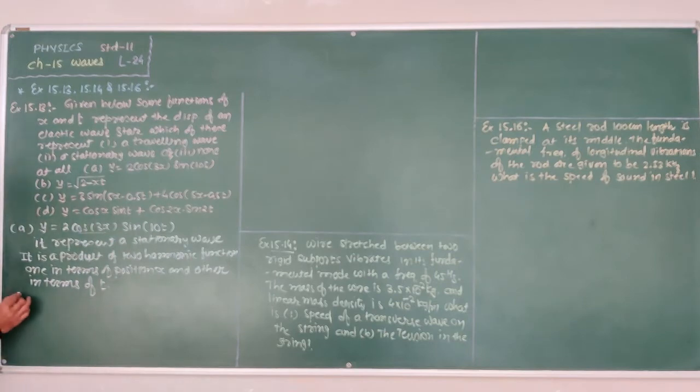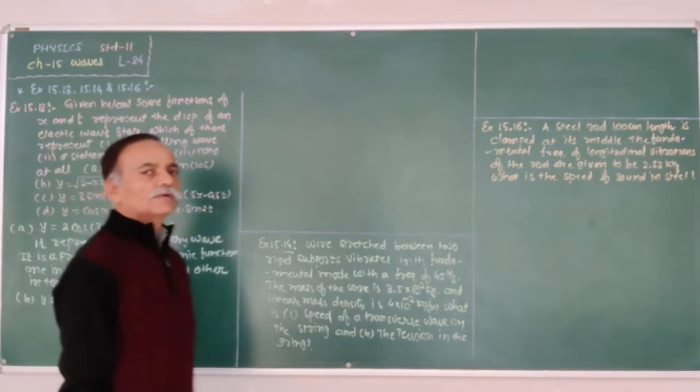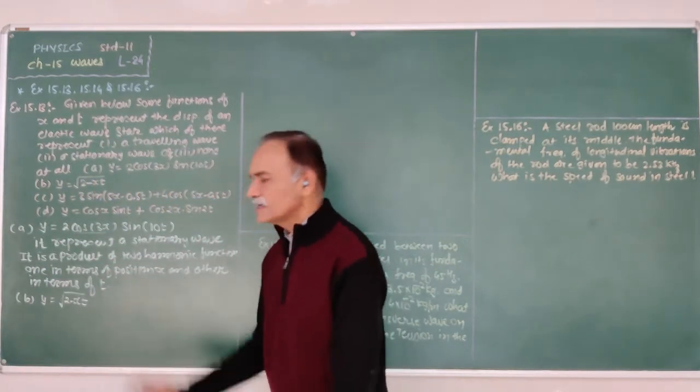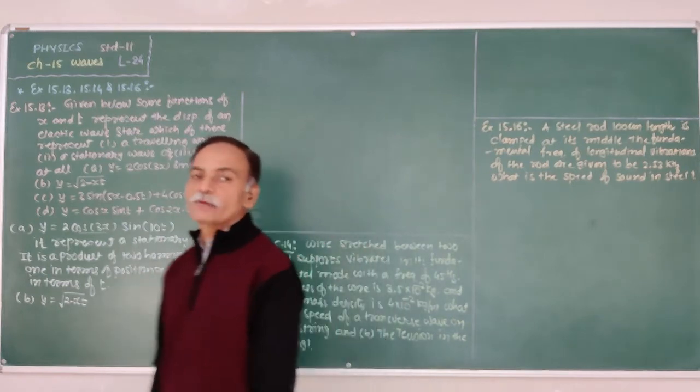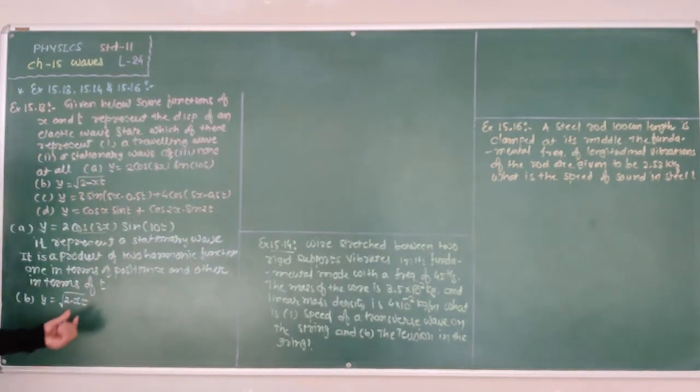Now the second equation, y is equal to under root of 2 minus xt. Okay, now it does not represent any elastic wave because here no terms involve a harmonic function. Again, it does not involve any harmonic function.